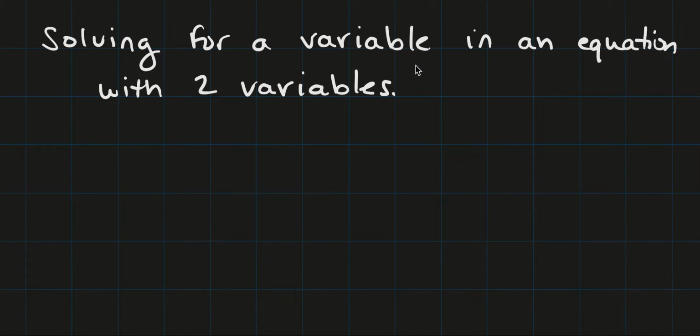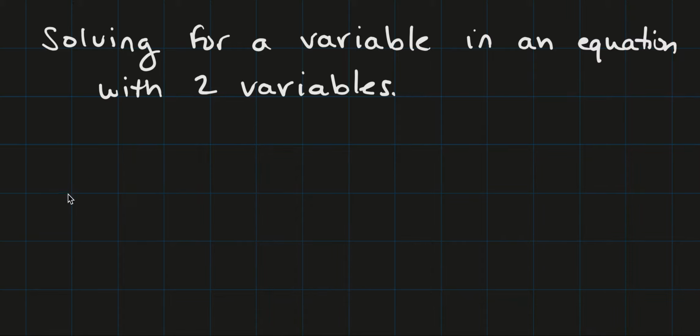The variables we're going to use most of the time are x and y, but you could see other variables. For our purposes, at least in the first week of our pre-calculus course, we're going to just use x and y, so that's what I'm going to use today.